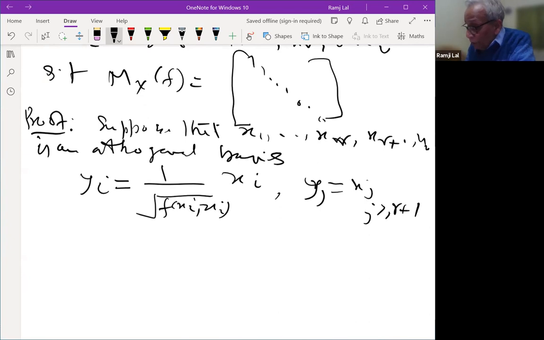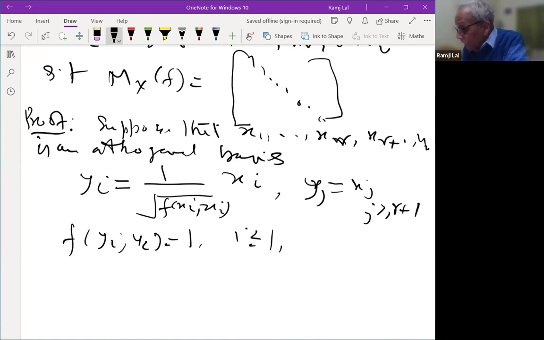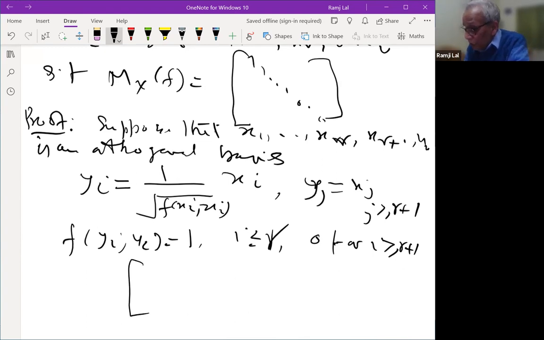Then f(yi, yi) is 1 for i less than or equal to r, and 0 for i greater than or equal to r plus 1. In that case, it is congruent to the normal form.